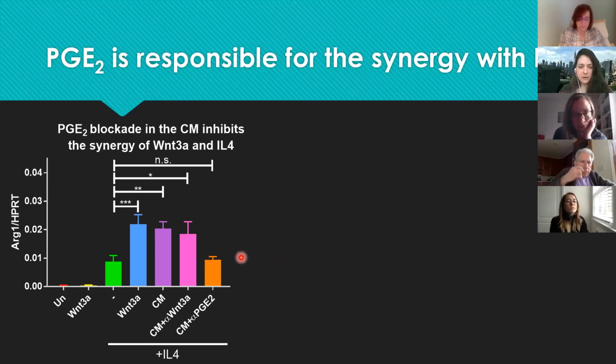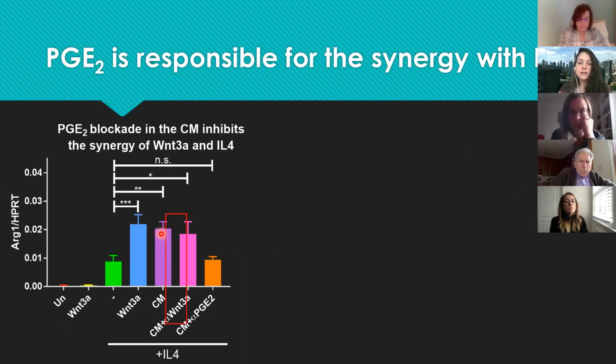In the first experiment, we looked at cells treated with Wnt3A again and IL-4, and again saw an enhancement of arginase 1 expression. When we treated the cells with conditioned media and IL-4, we saw similar enhancement of arginase 1 expression.